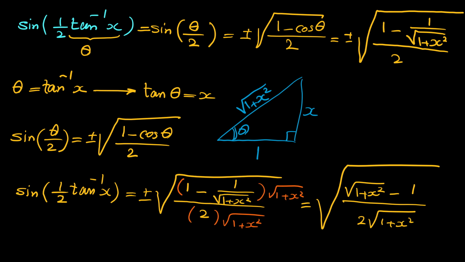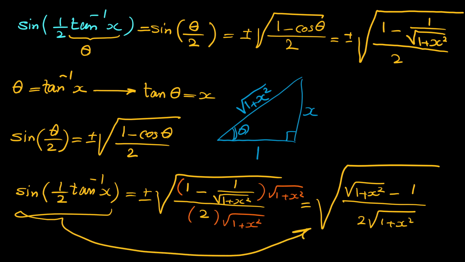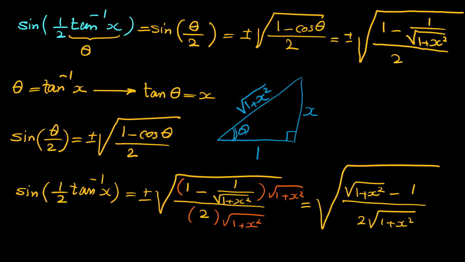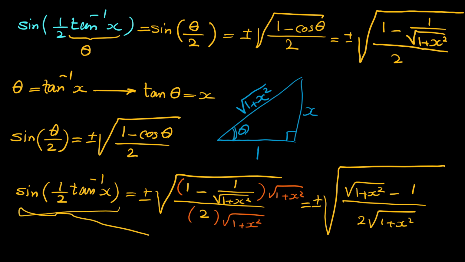So this can be our final answer for sine of 1/2 tangent inverse of x. And it seems that I forgot to put plus minus here, so it should be plus minus radical.